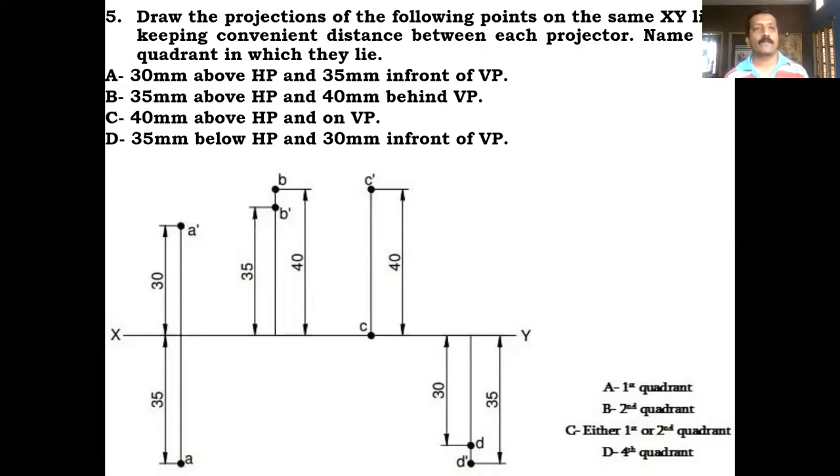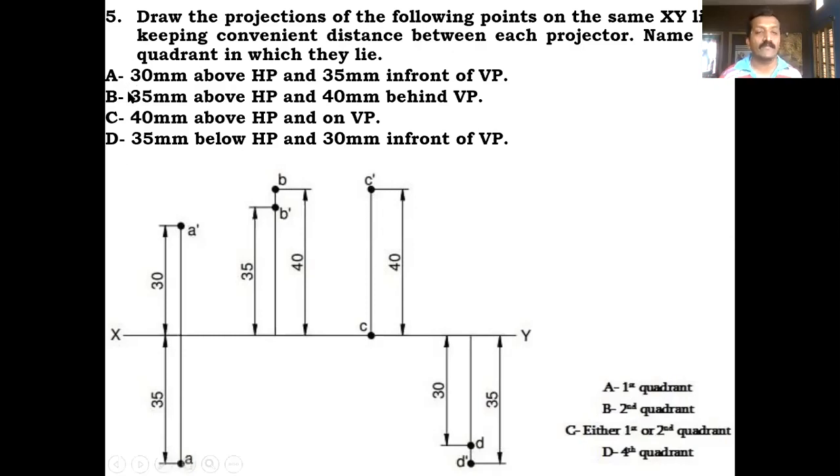Coming to the second point, point B says 30 millimeter above HP and 40 millimeter behind VP. So this particular point is situated in the second quadrant. Let me start from the beginning.